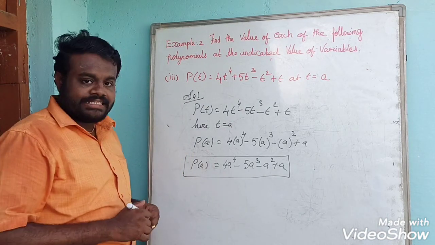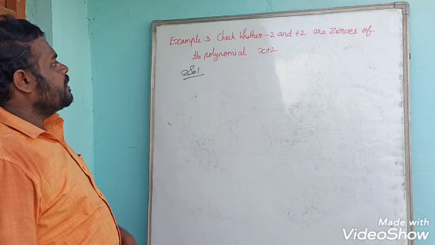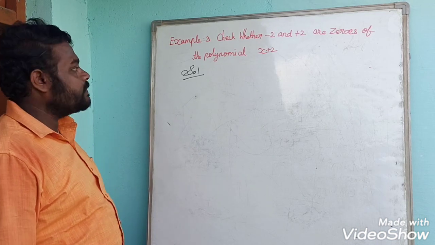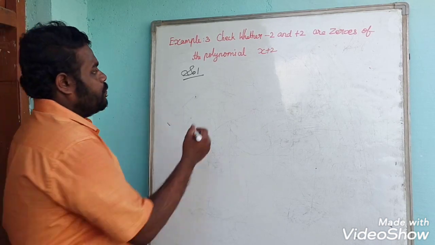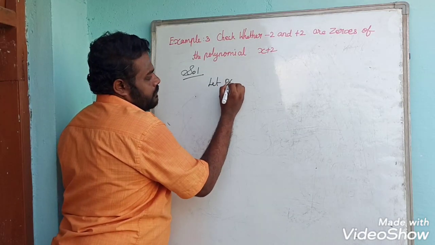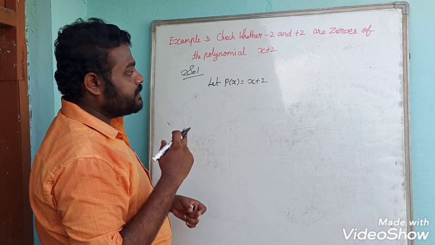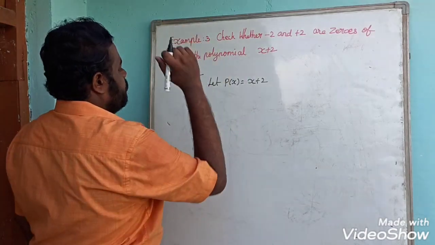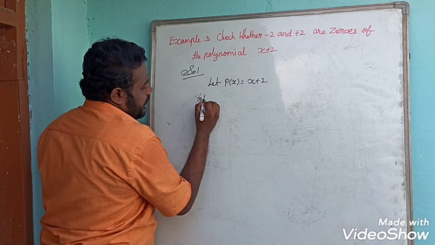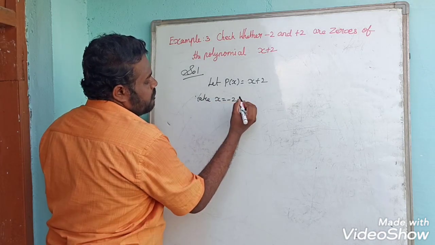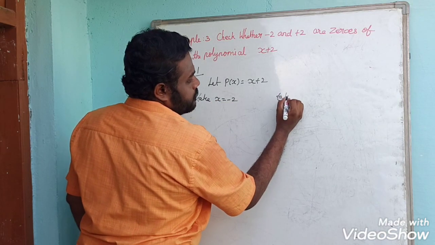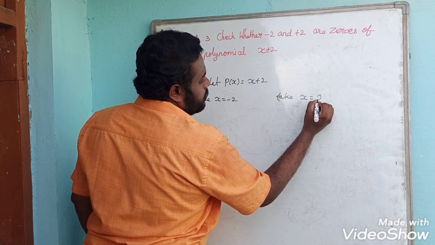Next we move on to example 3. Check whether minus 2 and plus 2 are zeros of the polynomial x plus 2. So let p of x equal to x plus 2. Now we check whether minus 2 and plus 2 are zeros of polynomial p of x. So take x equal to minus 2, and take x equal to plus 2.